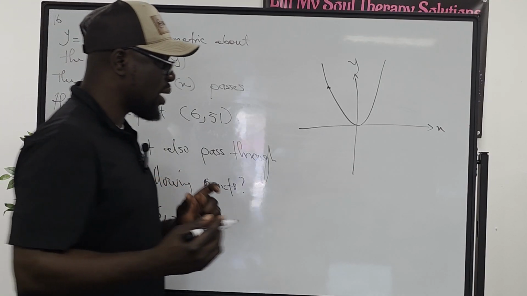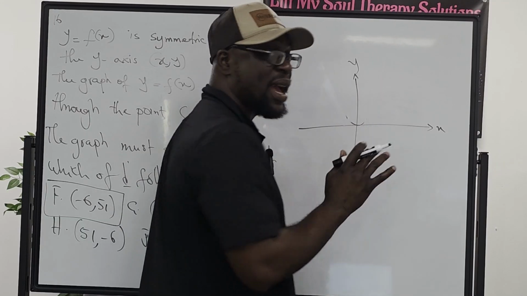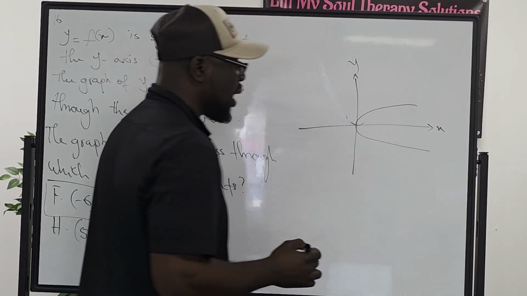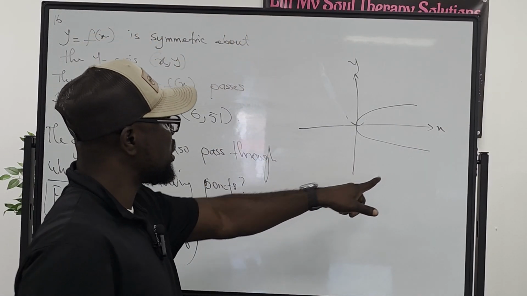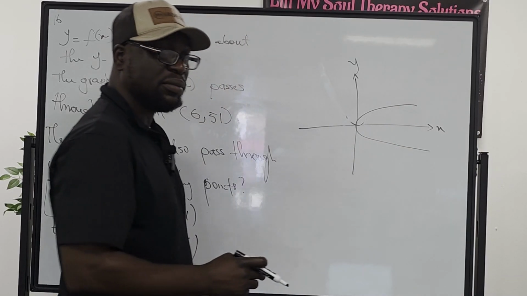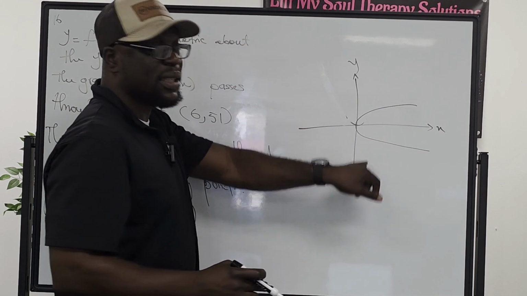Now, if the question had said it was symmetrical about the x-axis, then you're going to have something like this: a positive x and a negative y.